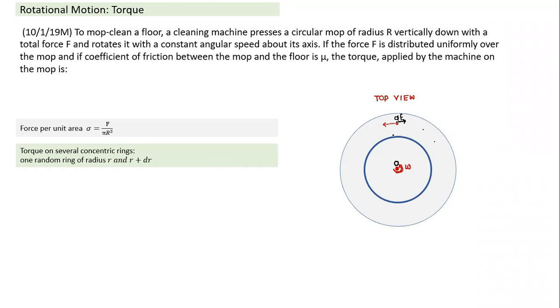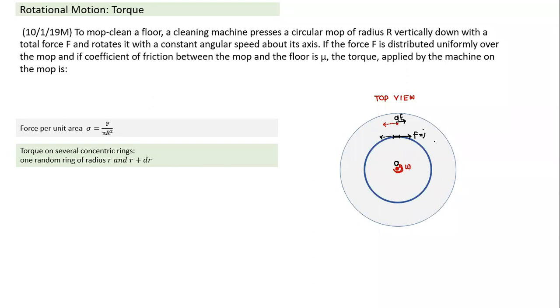Every point on the ring is moving. If I take a small piece of the ring here, it has a velocity r omega in this direction. But friction force doesn't depend on the velocity. Since it is moving in this direction, friction force will act in the opposite direction. If I call this force F on this small element, how much will the friction force be?